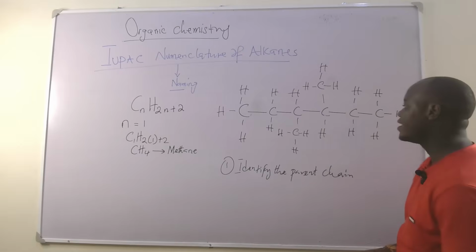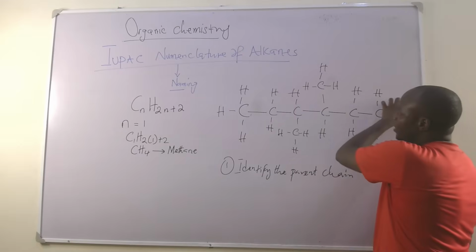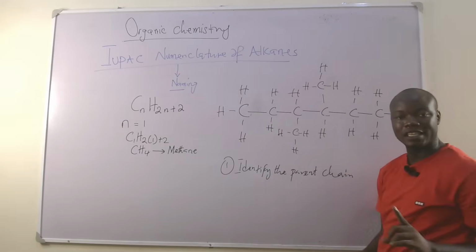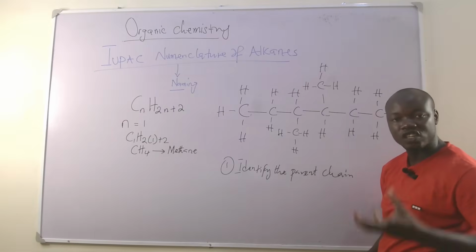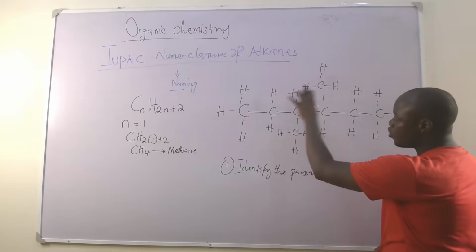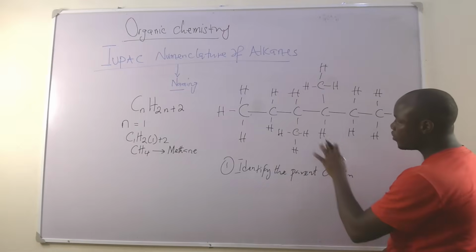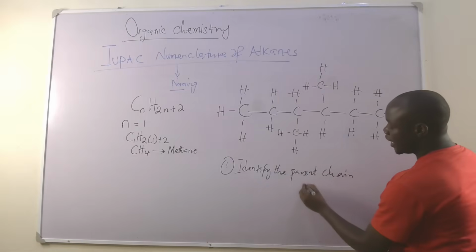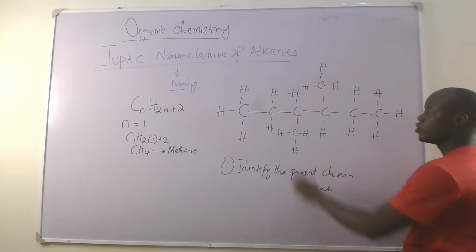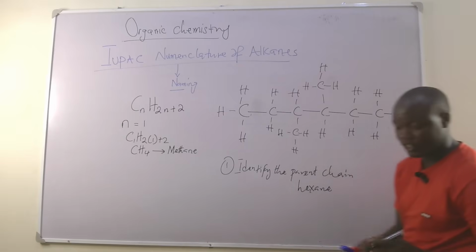So you can see, ladies and gentlemen, the longest chain in this compound is 6. Therefore, the parent chain here is hexane, because it is the longest continuous carbon chain.